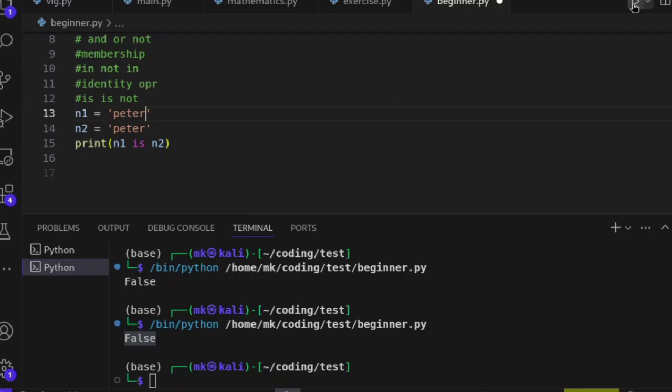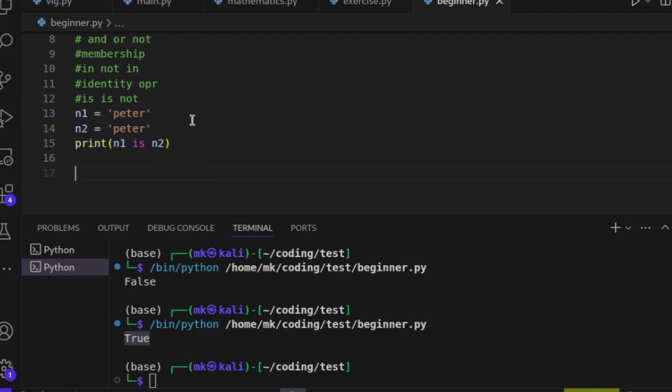Then now they are the same, and it's going to give us true, because both of these values inside the memory of Python are looking at the same memory space. So when you check for their identity, it's going to tell you yes, they are the same because they both look at the same memory space because they have the same value.